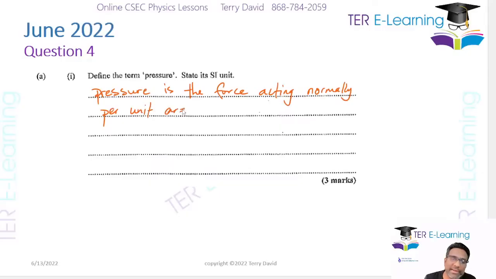So that's your definition for pressure, right? The formula is given by F over A, right? And they want, what is the SI unit? So the SI unit, right, is going to be Newton per meter squared, or you could say Pascal as well, right? So that's the definition, and those are the units we can use.